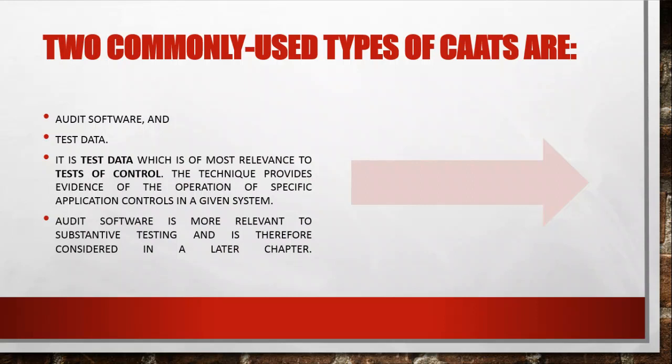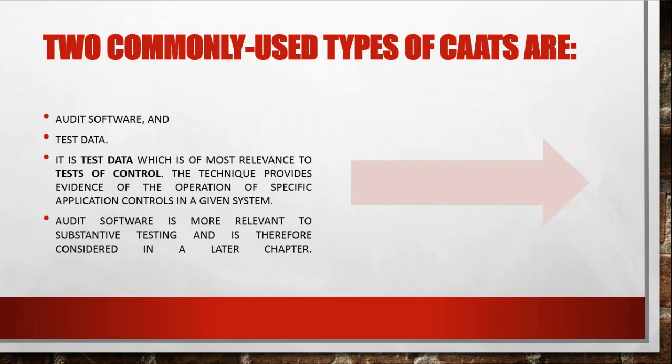So, types of CATs now. Basically, we have two. And for the purpose of this lecture and exam syllabus, we'll focus on one. So basically, the two are audit software and test data.